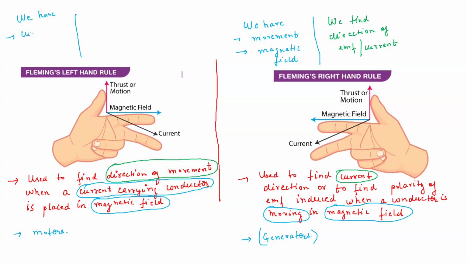So there is a current carrying conductor and there is a magnetic field, and what we find is the direction of motion or force.